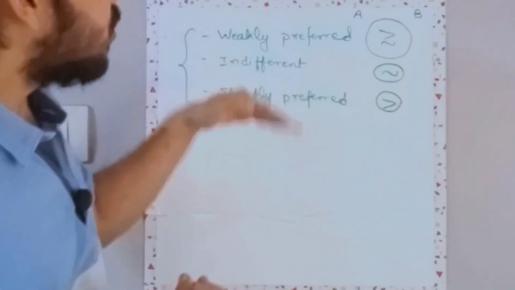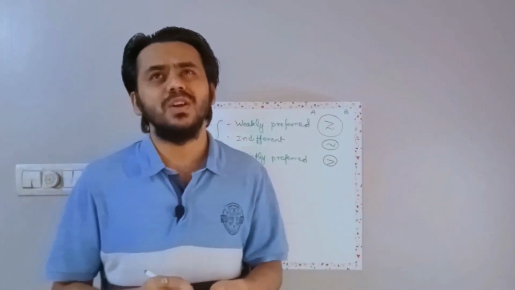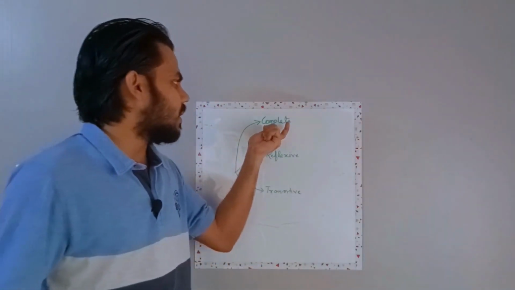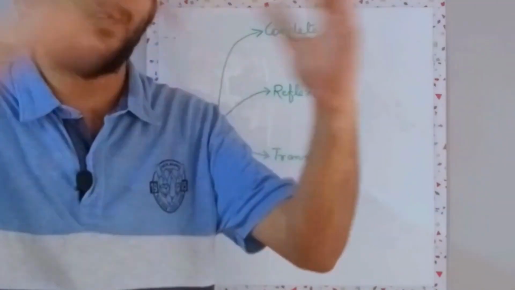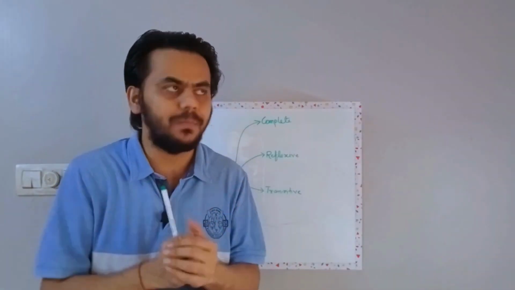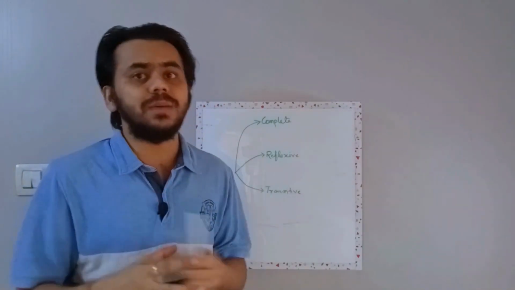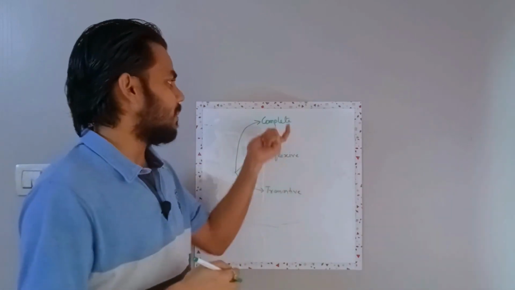Now, having understood this, let's head on to a few axioms of consumer preferences, or assumptions of consumer preferences. To begin with, let's start with complete. What do we mean by complete? Let us say you have a lot of consumption bundles to choose from, and you can completely rank all the consumption bundles. Let's understand the meaning of rank in terms of completeness.